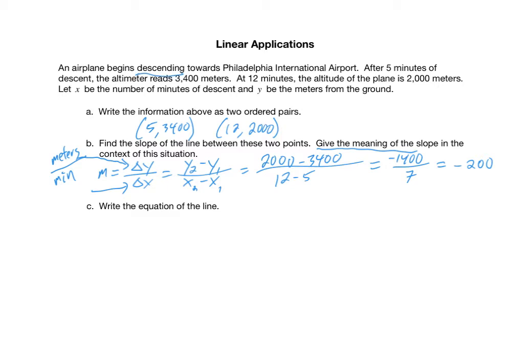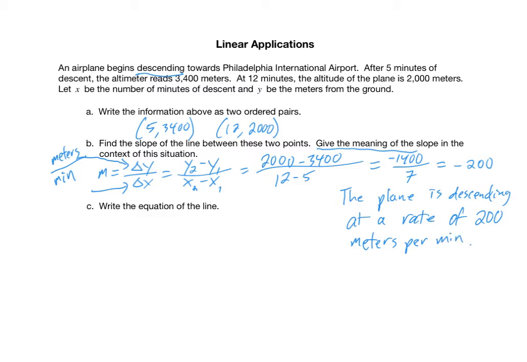So the plane is descending at a rate of 200 meters per minute. That is the meaning of the slope.